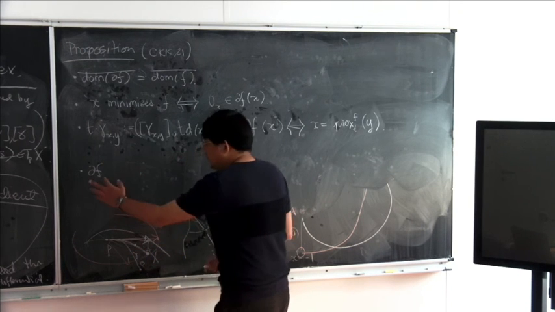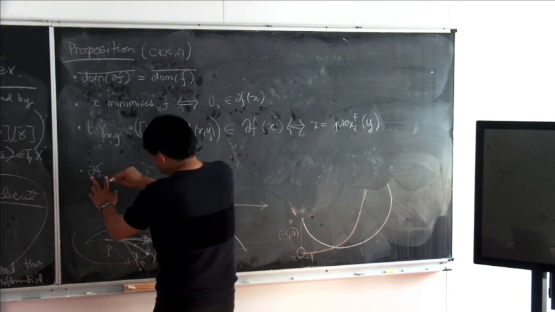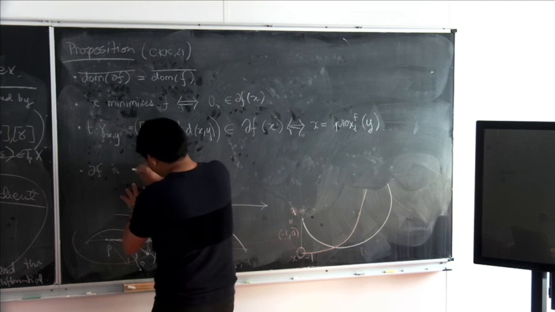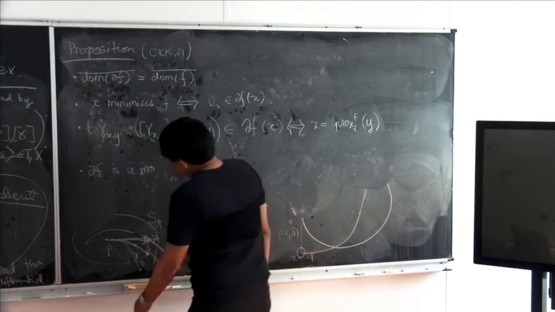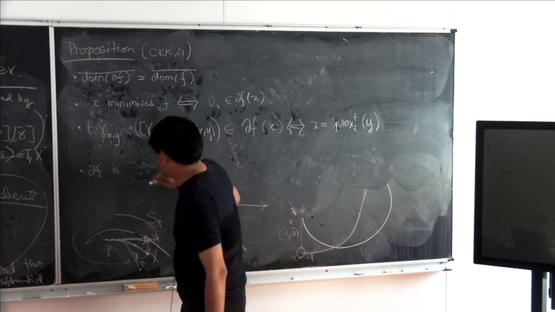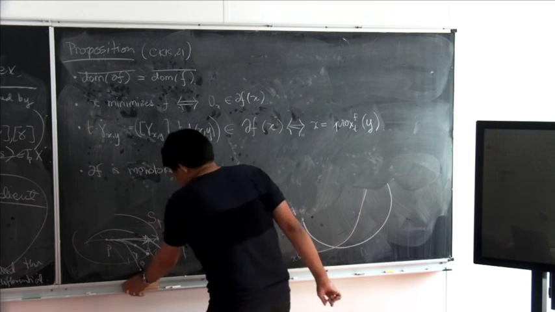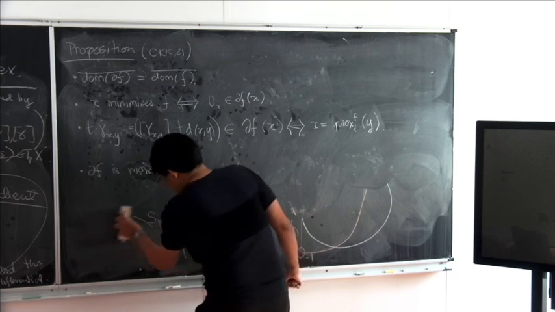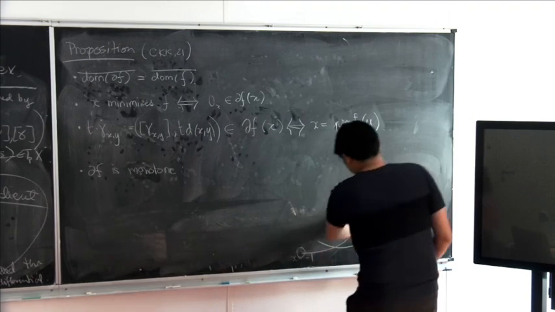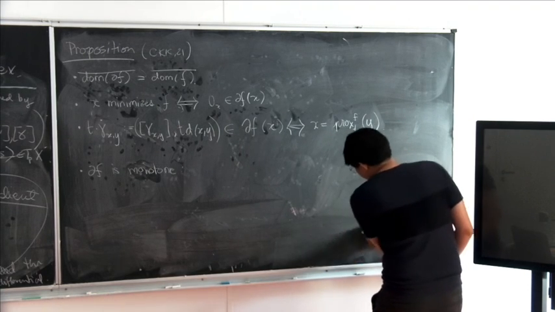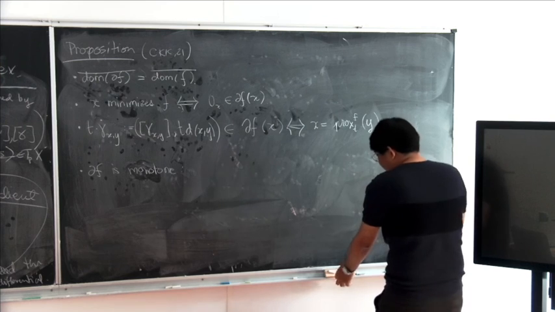Next, we can show that this is a monotone vector field. I don't want to go into vector fields, so this is monotone. Monotone in what sense? If you are familiar with monotone operator theory, then this is the same.